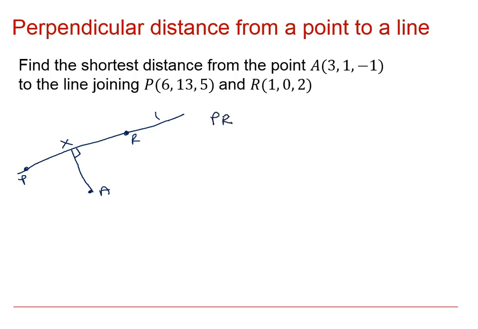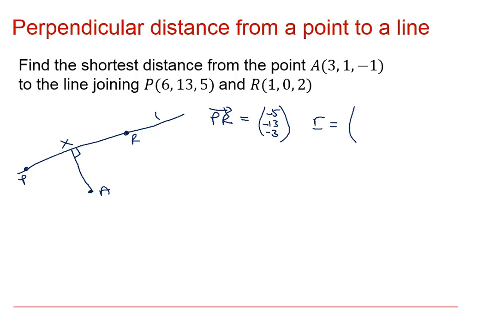So first of all, if we want to find the direction vector for the line, we need to find the vector PR. And that is (-5, -13, -3). Now I'm going to write the equation of that line L, and R is any point on the line. Make it as easy for yourself as you can.